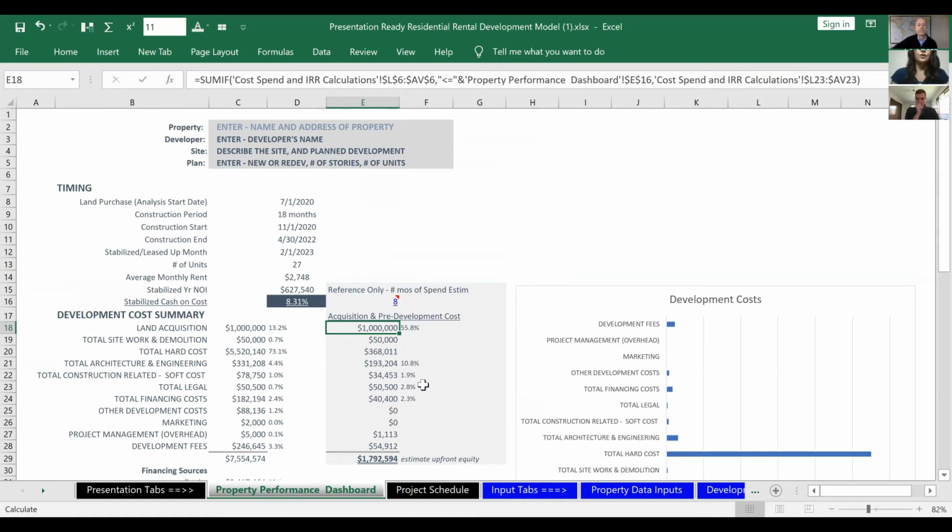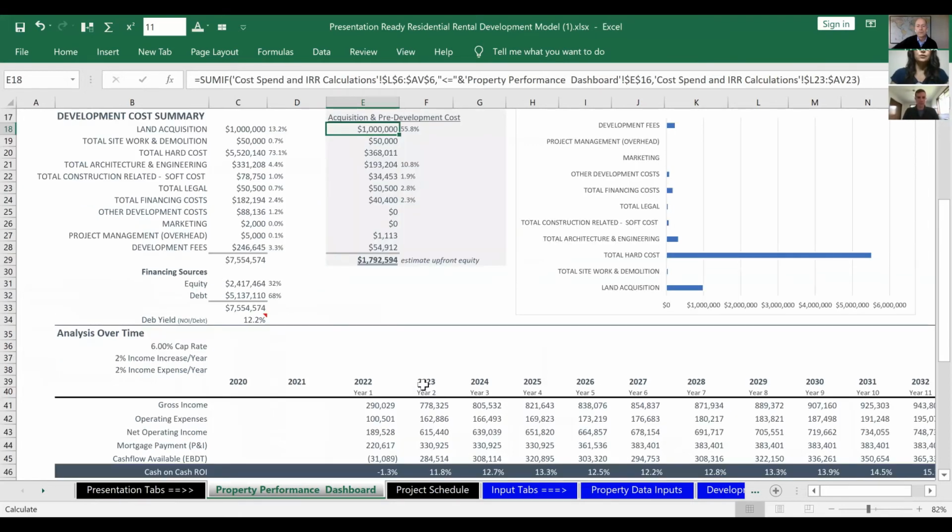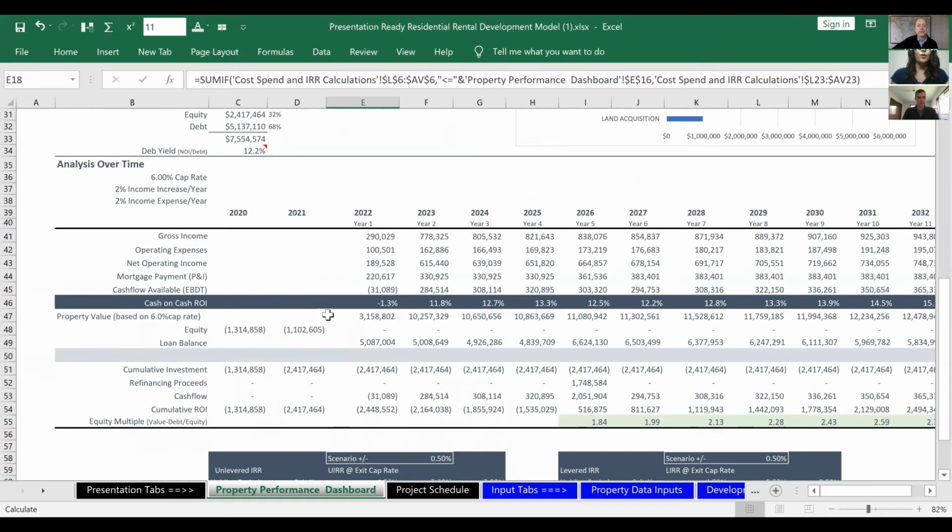And down below is pretty much a quick summary of everything that's in the model. You have your net operating income, the mortgage, cash flow available, and your cash on cash. Your cash on cash should typically be higher than the cash on cost.